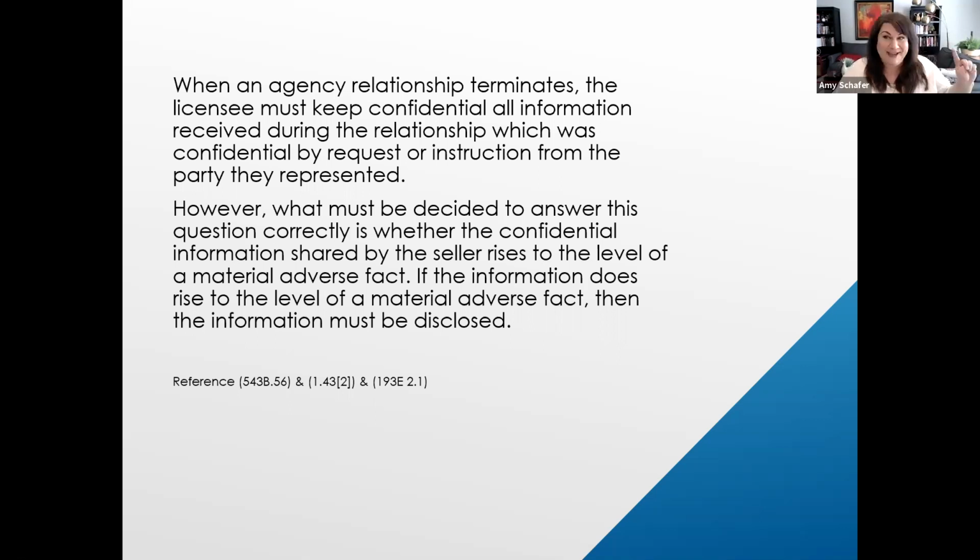However, this is the big however, right? The big but. But what they must decide to answer this question correctly is whether the confidential information shared by the seller rises to the level of a material adverse fact. If the information does not rise to the level of a material adverse fact, then the information must be kept confidential.